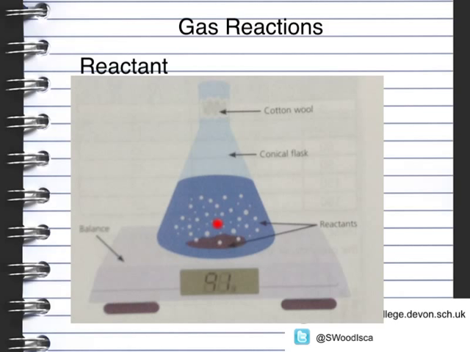Now, as the bubbles are given off, the bubbles will no longer be in the reaction and they can actually escape through the cotton wool, meaning that there is less of a force of gravity pulling down on the mass, so therefore the mass, the values on here, will increase.